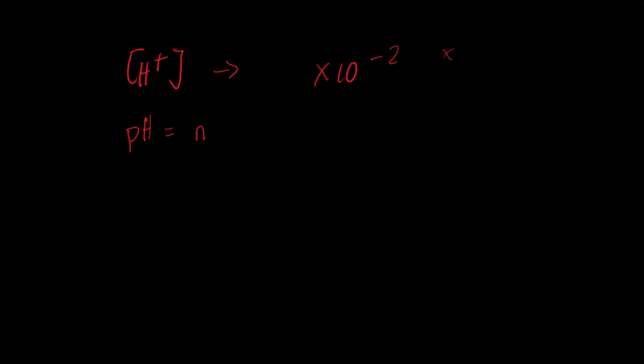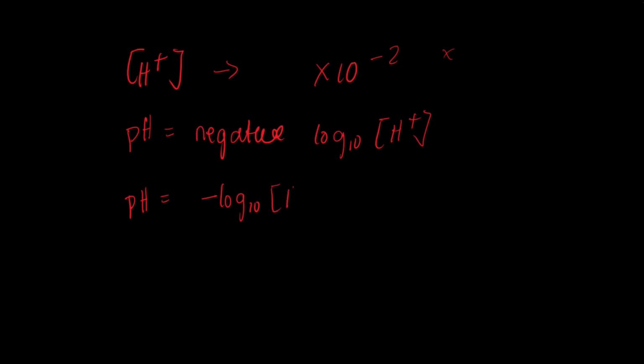So the pH is simply the negative logarithm to the base 10 of the hydrogen ion concentration. pH is equal to negative log to the base 10 of hydrogen ion concentration.